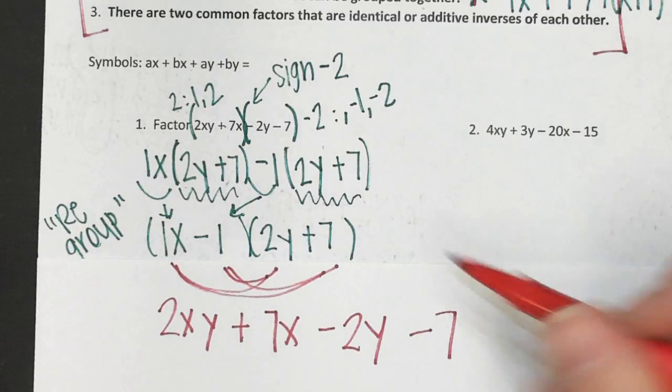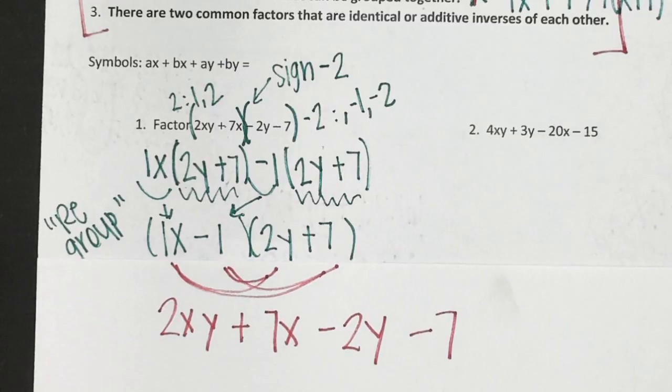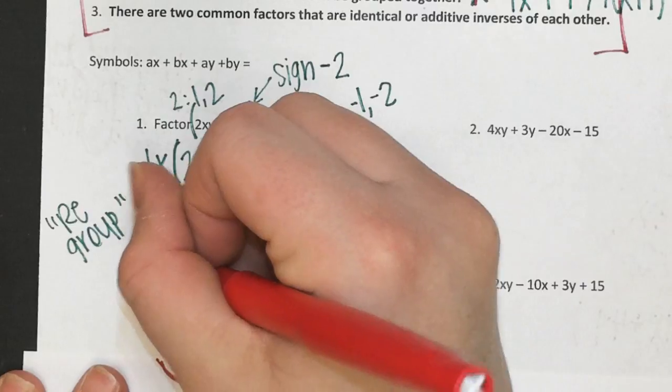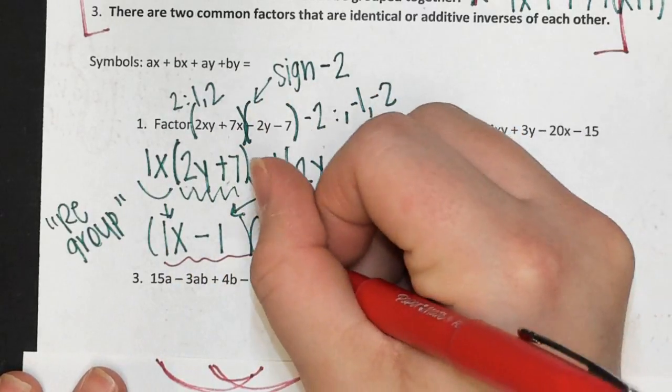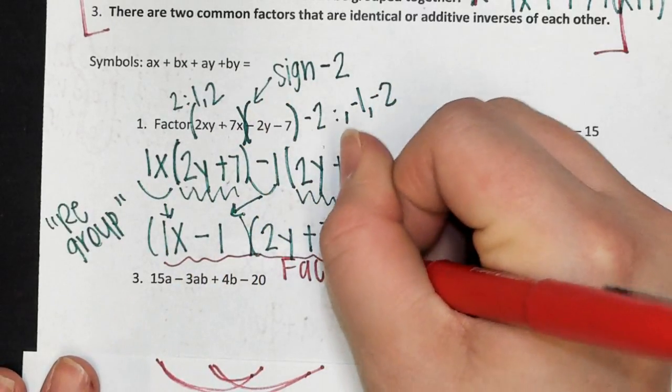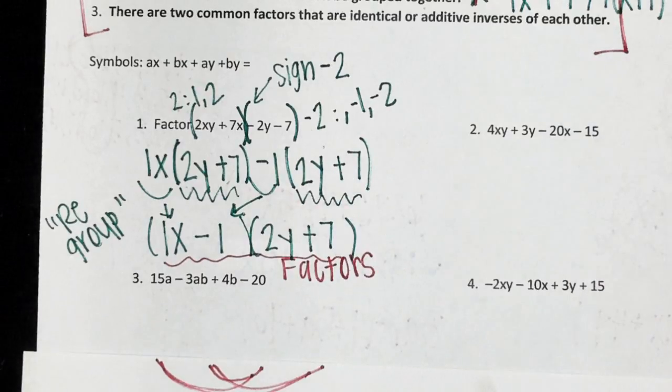Is that the same thing as what we started with? Yes. Then these are called your factors of your original polynomial.